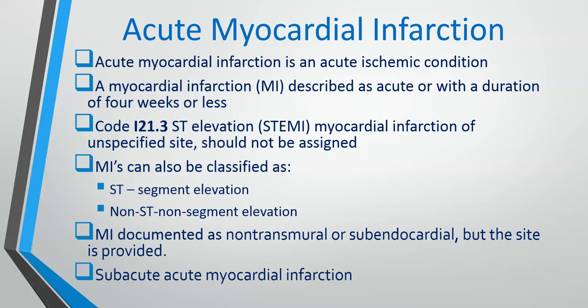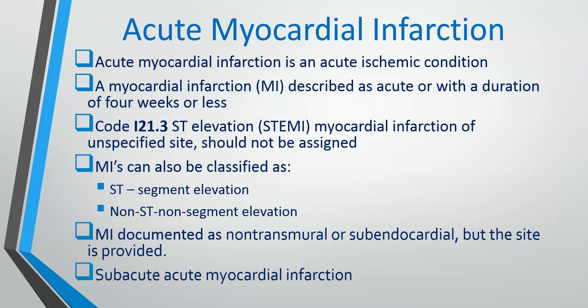Instructional notes have been added at the category level for I21 and I22, which state to use additional codes to identify certain health hazards, including TPA status and tobacco exposure, use, or dependence. Time parameters in ICD-10-CM related to the reporting of an AMI, or acute myocardial infarction, are now listed as 4 weeks or less.